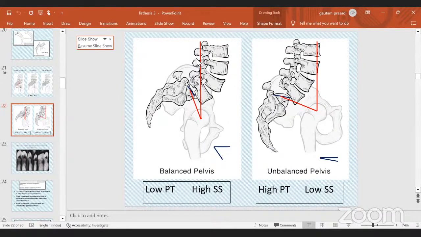The moment pelvic tilt increases, the sacrum is pushed away from the vertical line drawn from the center of the femoral head. So the chances of your sacrum being stabilized over the femur decrease, because the sacrum is way behind. So a higher PT is indicative of an unbalanced spine.